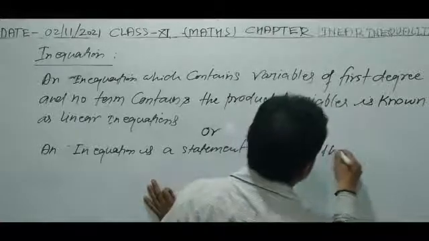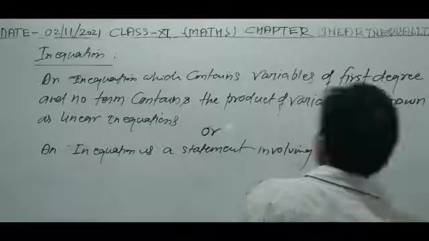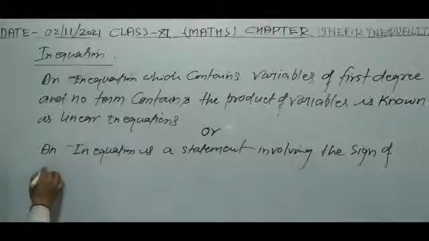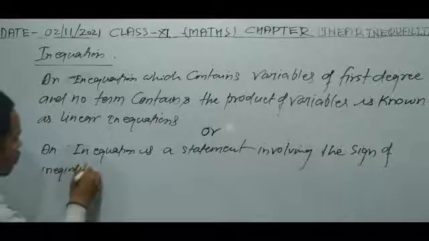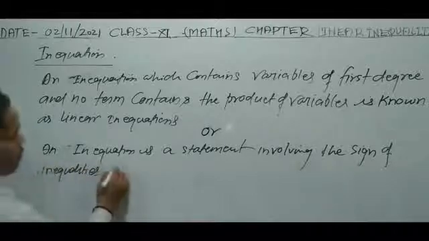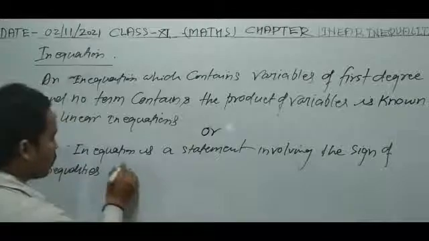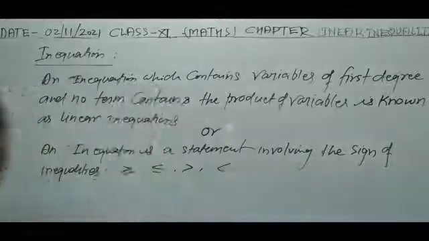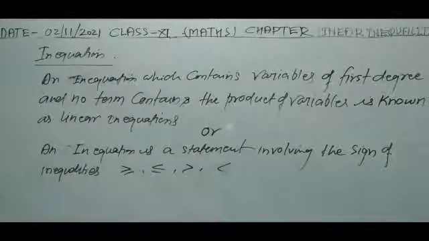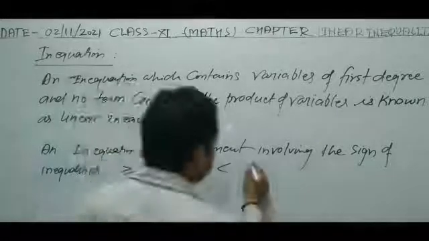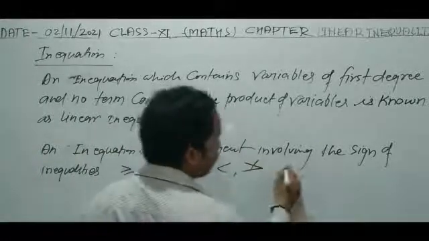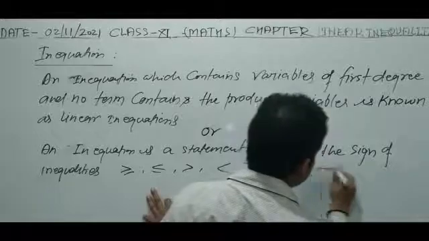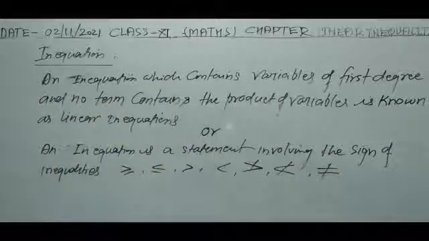The signs of inequalities are greater than or equal to, less than or equal to, greater than, less than, or is not equal to, or is not more than, or is not less than. This is the type of inequalities.